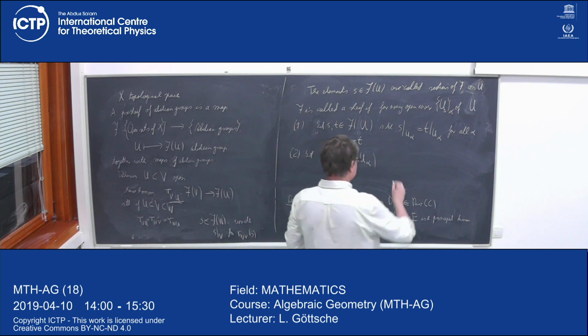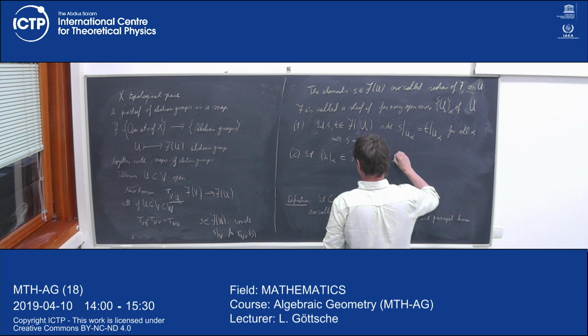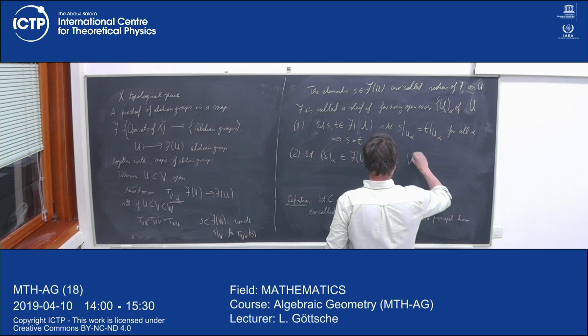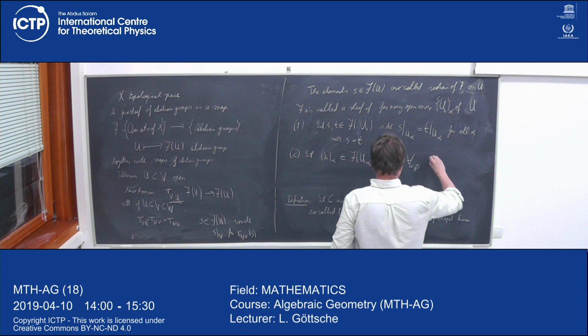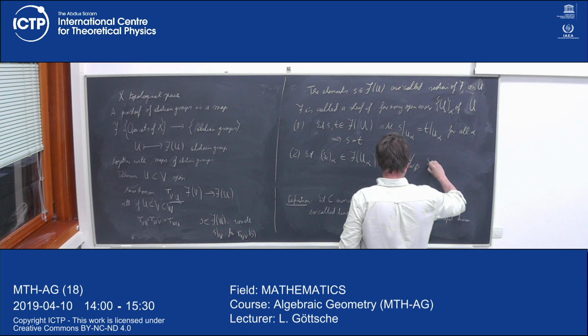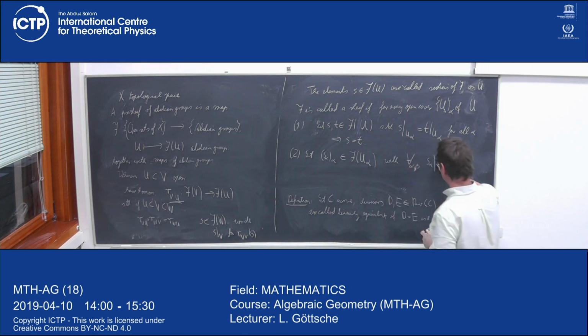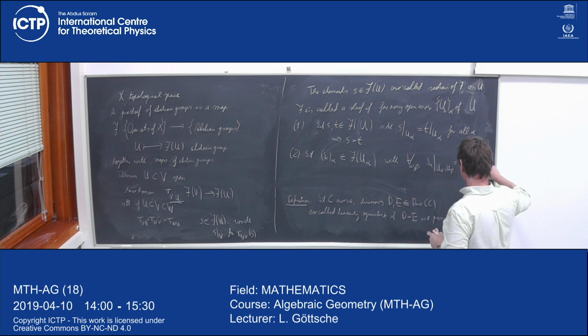So for all alpha, beta, s alpha restricted to U alpha intersected U beta is equal to s beta restricted to U alpha intersected U beta.